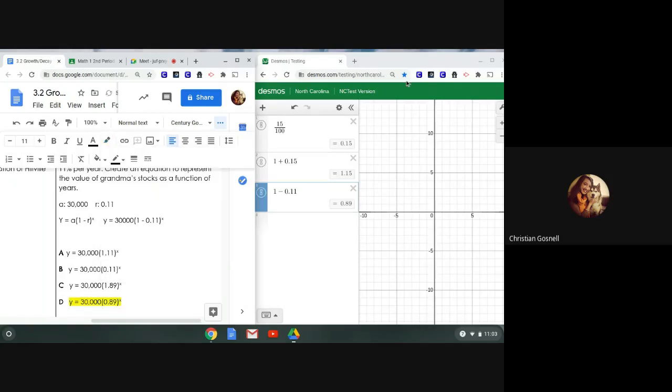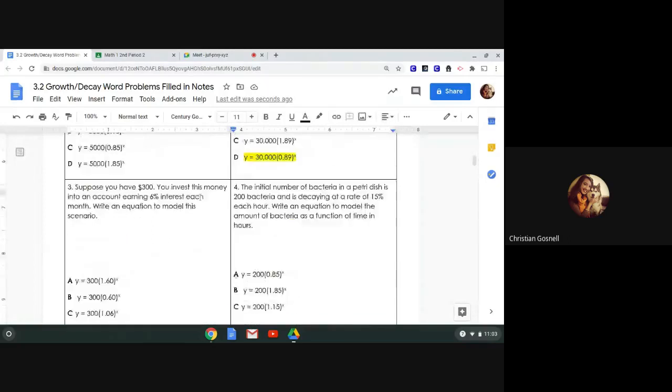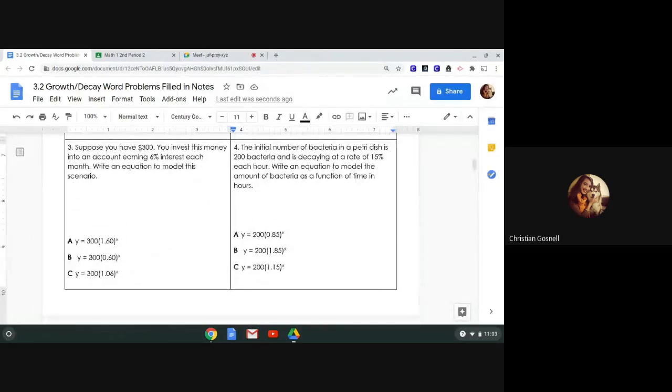All right, we have 2 more examples. Suppose you have $300. You invest this money into an account earning 6% interest each month. Write an equation to model the scenario. The start is 300, and your r is 6%, which as a decimal is 0.06.